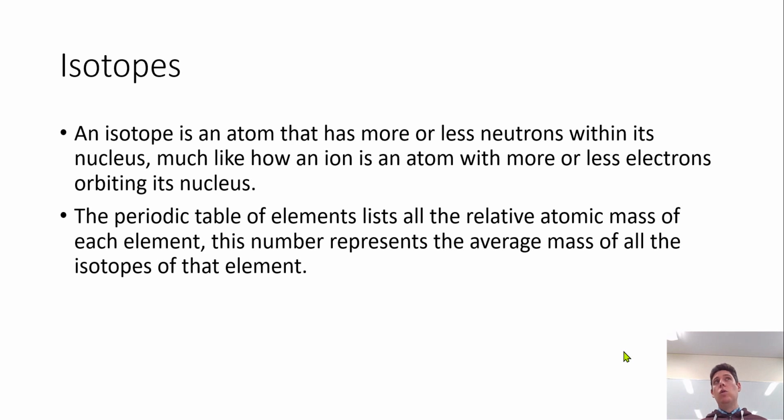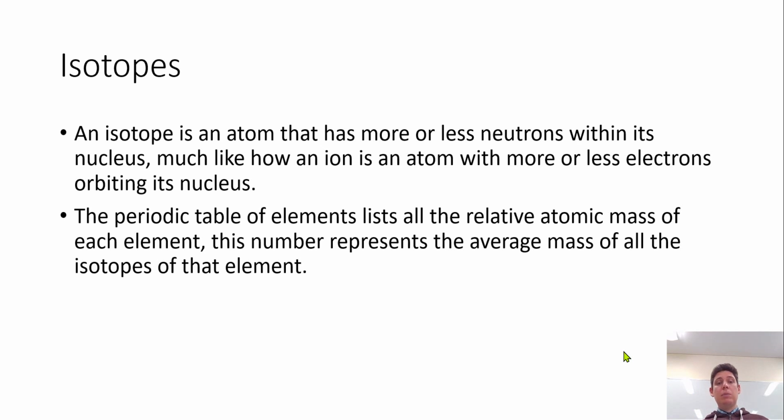An isotope has more or fewer neutrons. For example, we could have a helium which has 2 protons. It could have 2 neutrons, or 3 neutrons, or 1 neutron. These are the 3 different isotopes of helium with different numbers of neutrons.